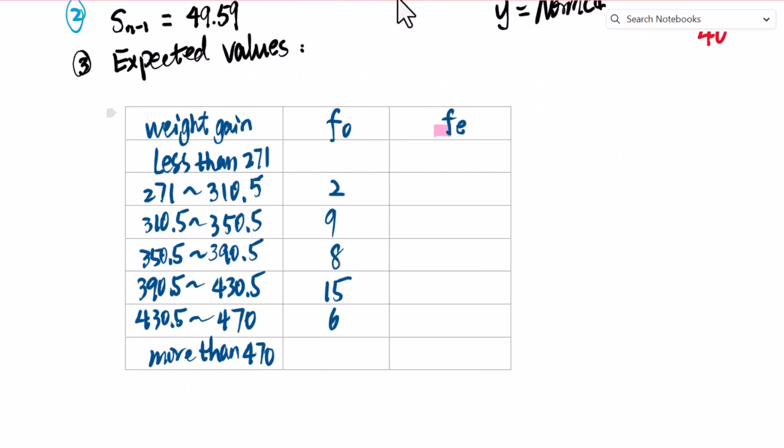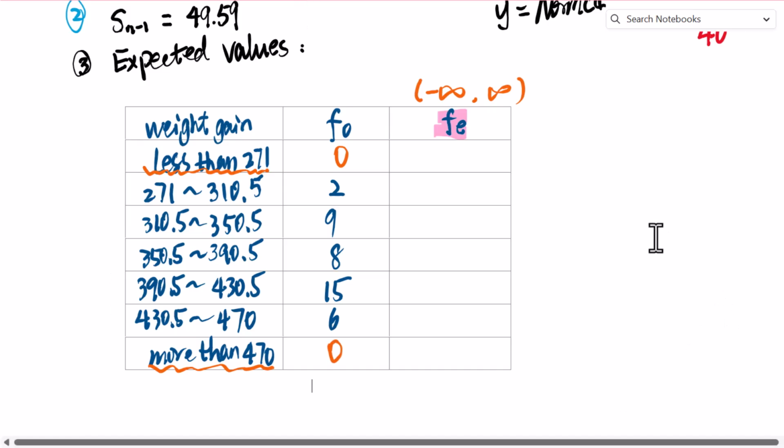When you work on expected frequency, since the domain for expected frequency is from negative infinity to infinity, make sure you will work on the expected frequency for less than 271 and more than 470. For observed frequency, both are 0.